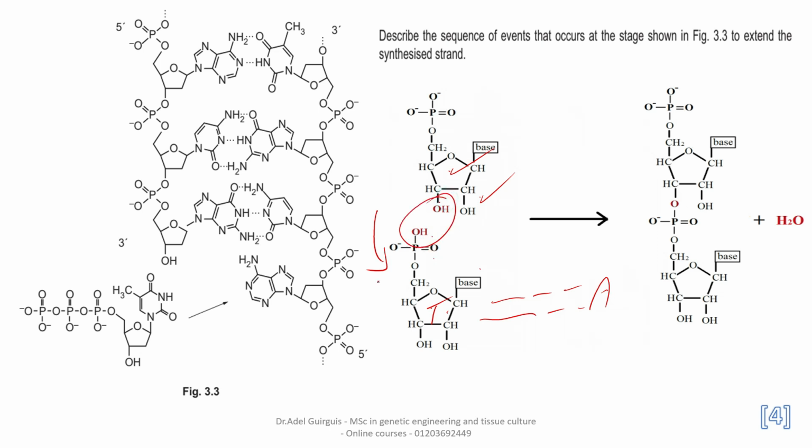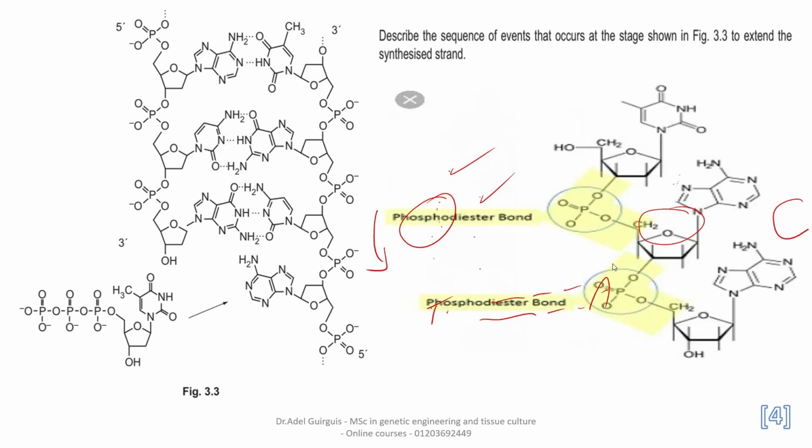By forming a phosphodiester bond, with removal of water. This is considered a condensation reaction because water is released. Here the phosphodiester bond is formed: C from the previous nucleotide, and O here, joins with the phosphate group of the next nucleotide. This is done by the DNA polymerase enzyme. This is called a phosphodiester bond. It's okay?